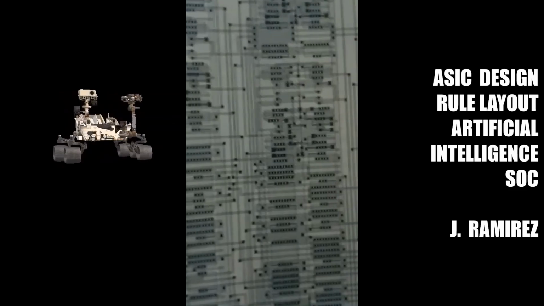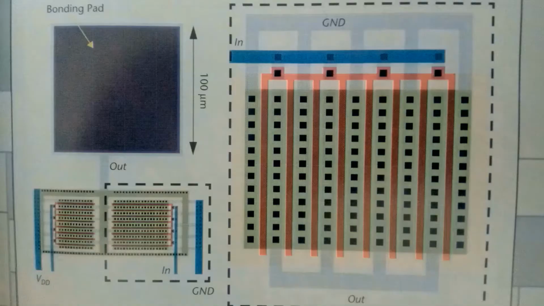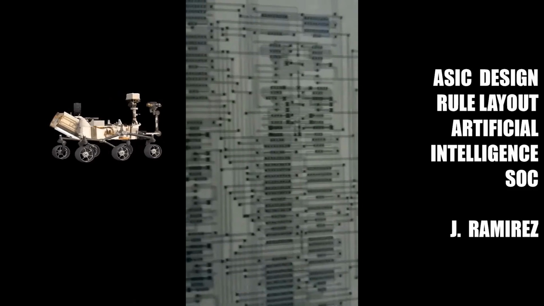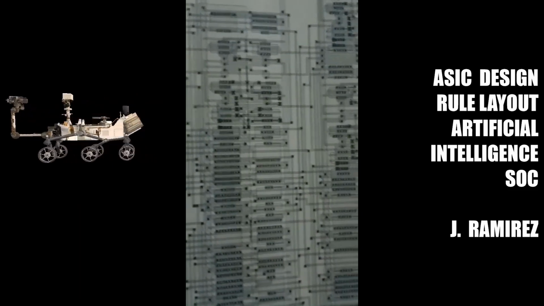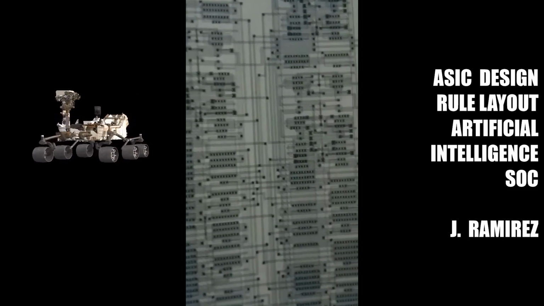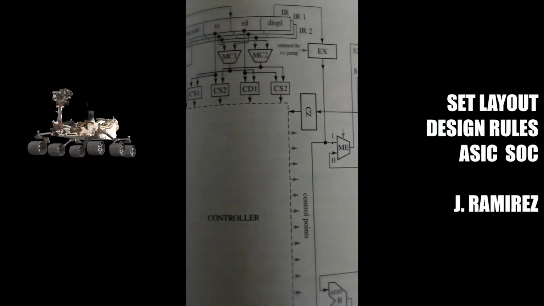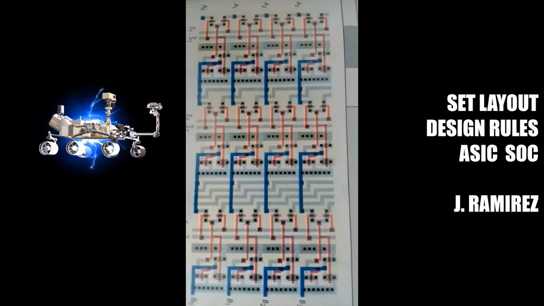The design rules provide a set of guidelines for constructing the various masks needed in the patterning process. They consist of minimum width and minimum spacing constraints and requirements between objects on the same or different layers.